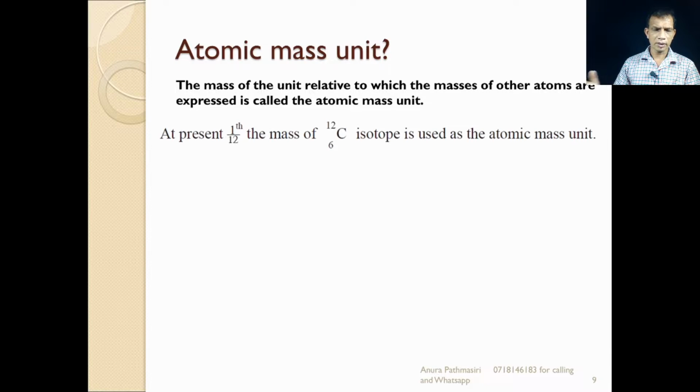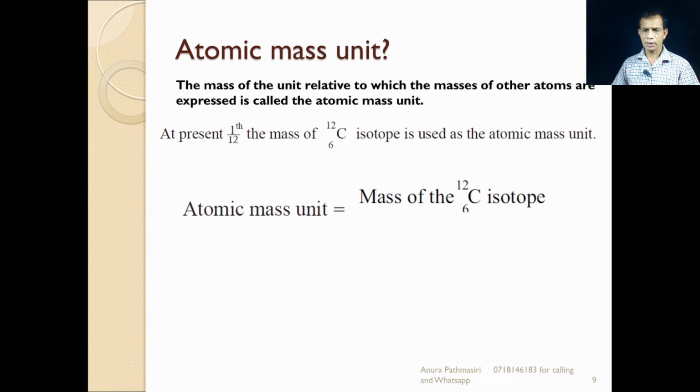At present we select 1/12 of the mass of the C-12 isotope, carbon isotope, as the atomic mass unit. You know that atoms are very, very tiny, and you can't measure them with the help of grams. That is why the atomic mass unit is introduced.